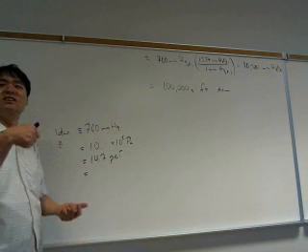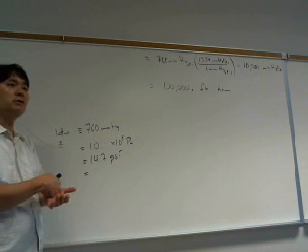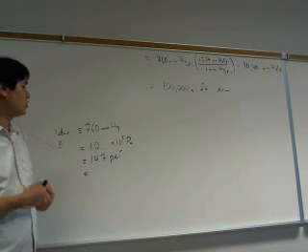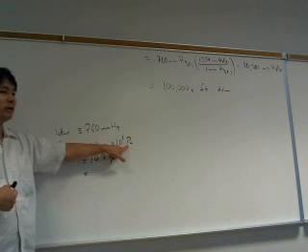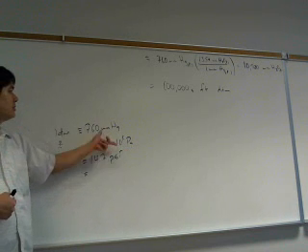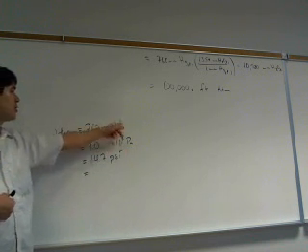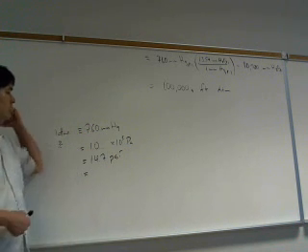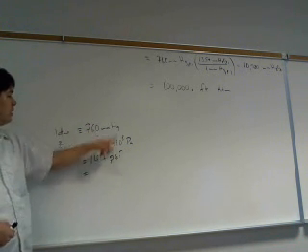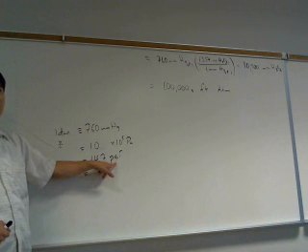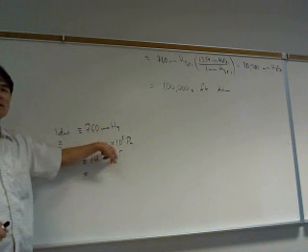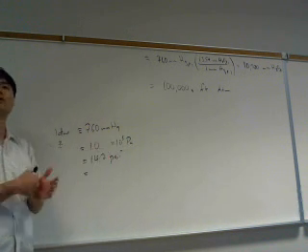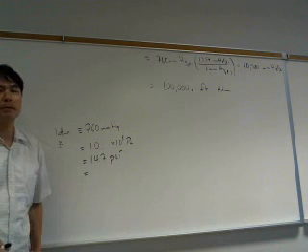A pascal is a newton per meter squared, which is an actual pressure unit. So this is just a relationship where we're chopping off the constants and having these equivalent. A psi would be pounds per square inch, so this would be similar to a pascal in terms of force per unit area.